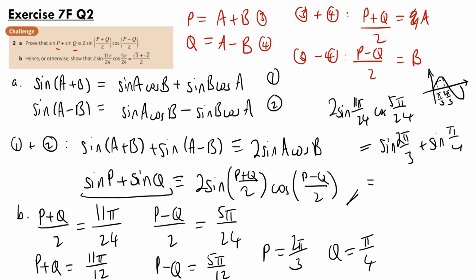So we know that sine of π/3 and sine of 2π/3 are equal, and sine of π/3 we know is root 3 over 2. Or you can just plug it in your calculator if you prefer. And sine of π/4, we should know that that is root 2 over 2. Adding those together gives us (root 3 plus root 2) all over 2, as we were asked to prove.